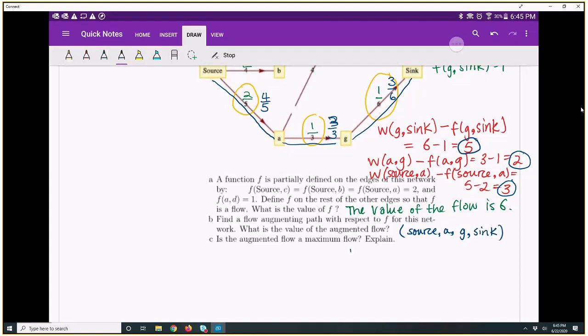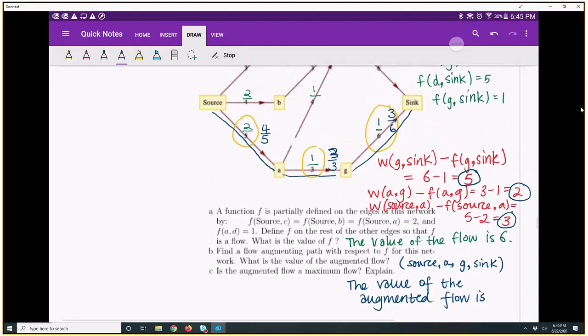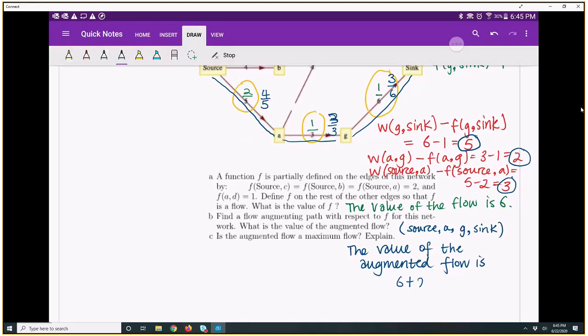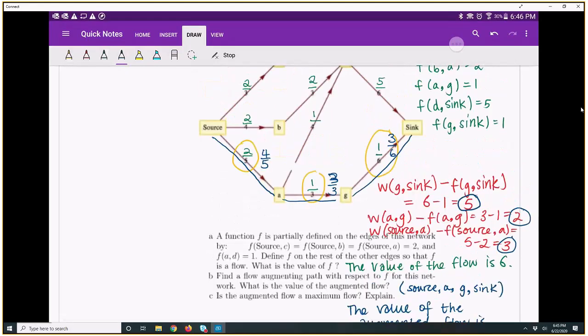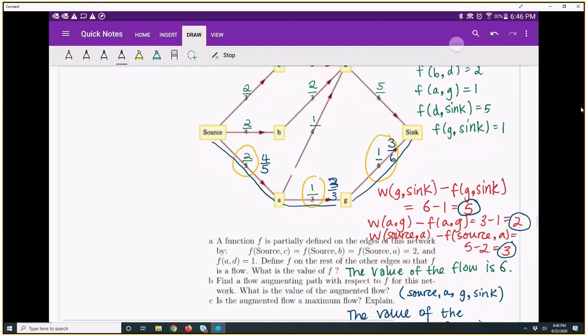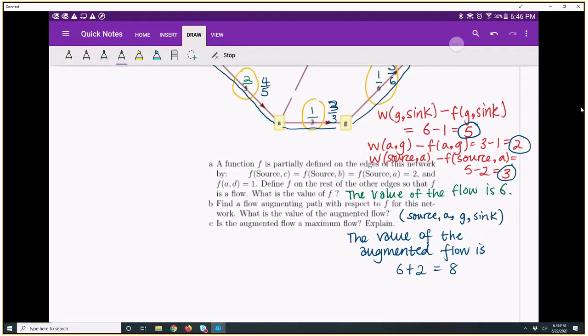And the value of the augmented flow is the previous flow of 6 plus the augmentation that I did, which was 2, so it's 8. Another way to know that it's 8 is just to add 5 out of 6 plus 3 out of 6. So I have 8 out of the maximum possible 12-gallon flow.